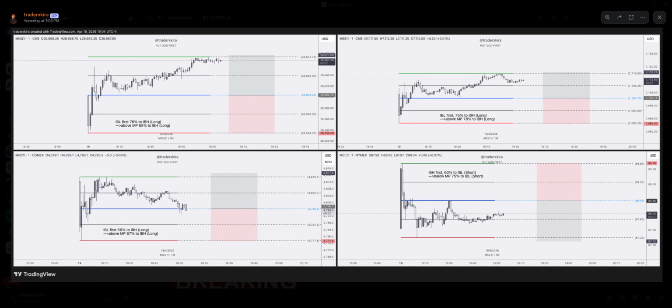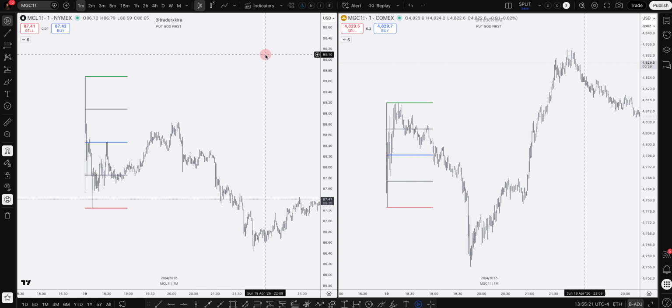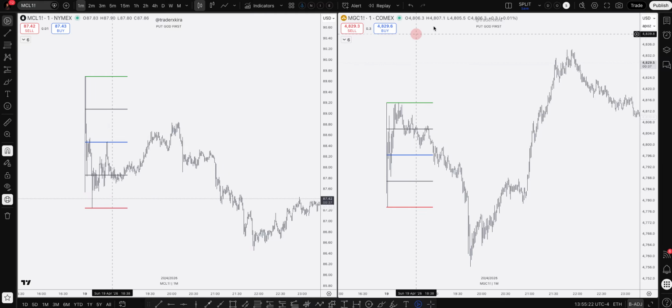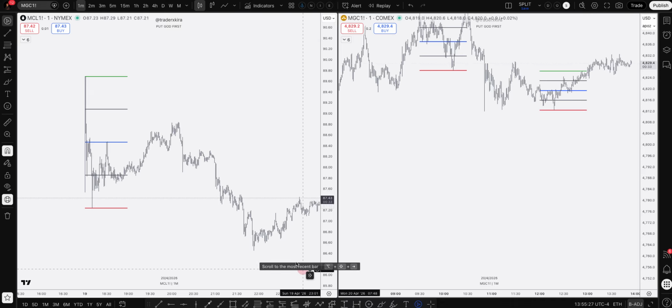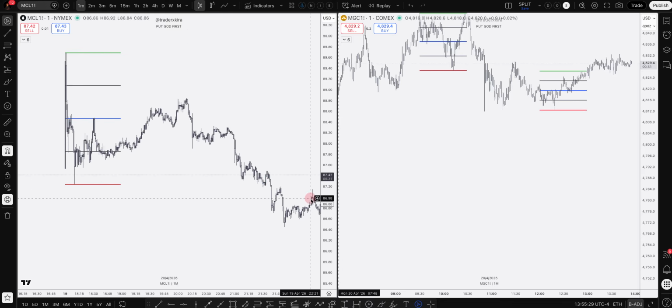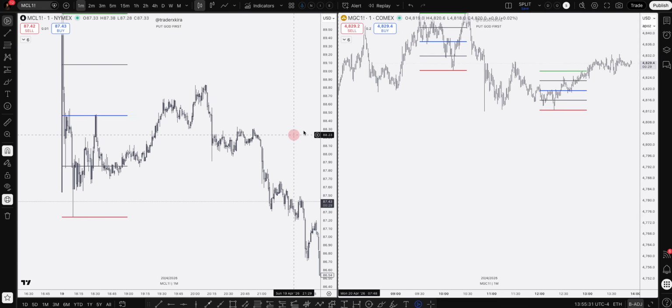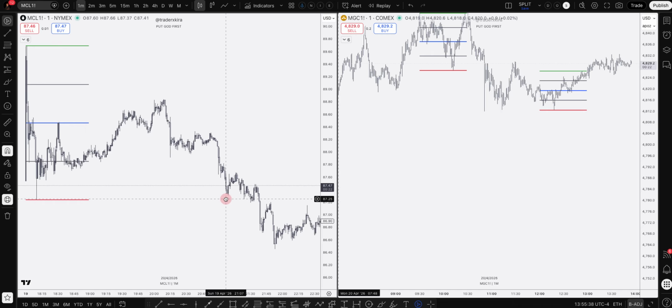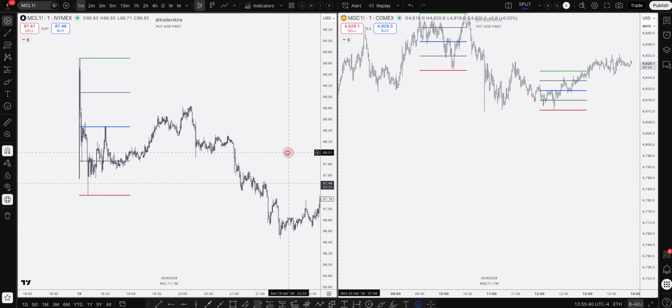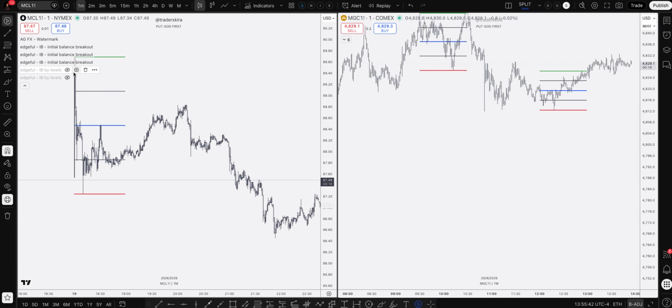And with CL, if I go back to here, let me do this. And if you just observe this type of play, there was a little bit of drawdown, and then price went the right way, and the TP was hit. Another thing I've been looking at is these IB levels.